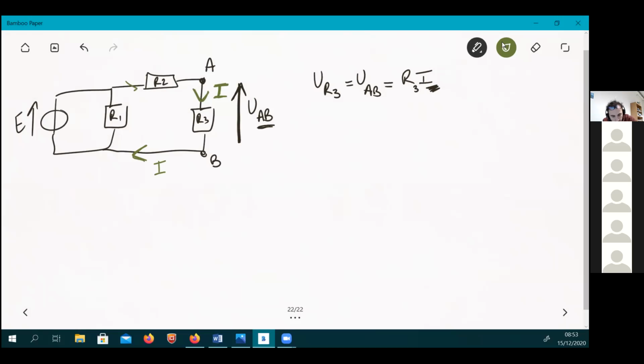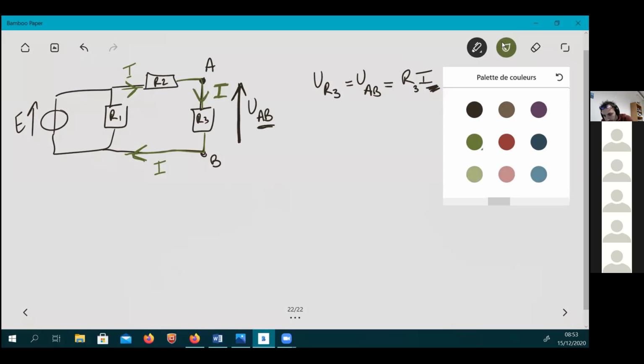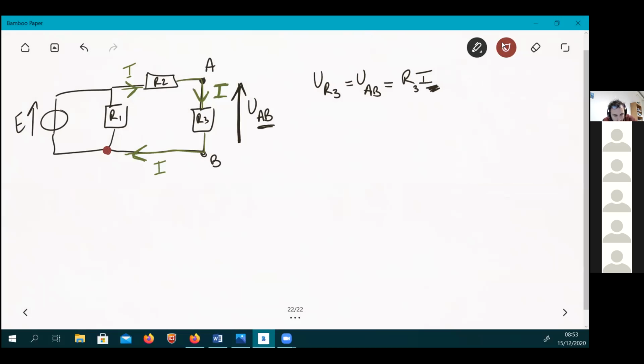This is I, this is I. I'm still in the same branch here, but then I'm meeting a node here, which means that the current is gonna be divided into two. One flowing into R1 and another one flowing in the branch of the voltage generator.